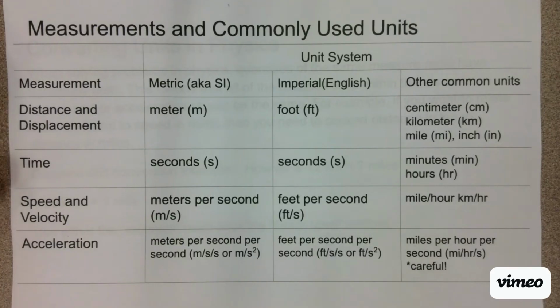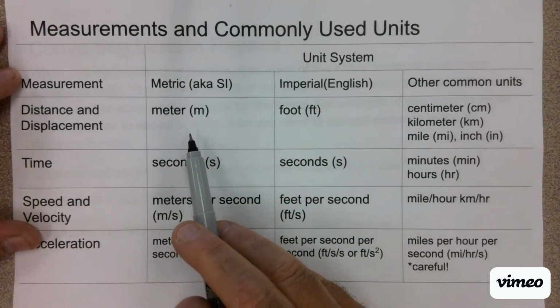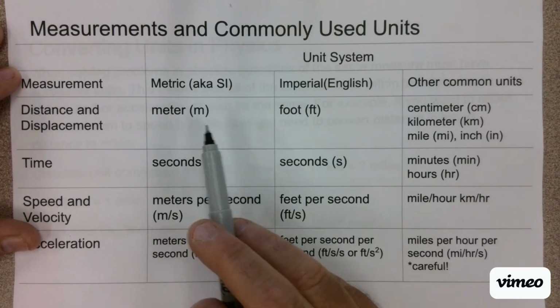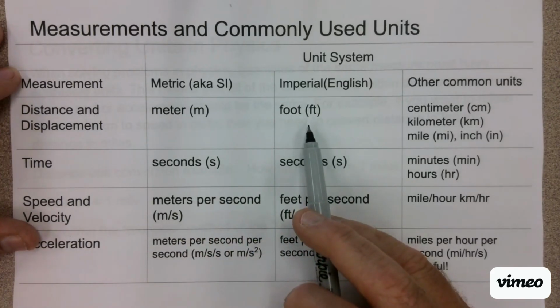Let's say that I went out and measured a distance on the football field in meters, and I measured 35 meters. But somebody else went out and measured a different distance in feet, and let's say they measured that distance to be 35 feet.